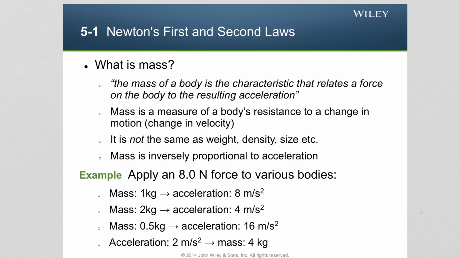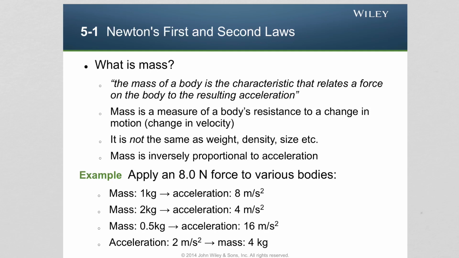And so very often people misuse the word weight for mass. However, mass and weight, again, are not the same thing, because mass is just the amount of material that is contained in the volume of an object, and weight is the force due to gravity that mass experiences.